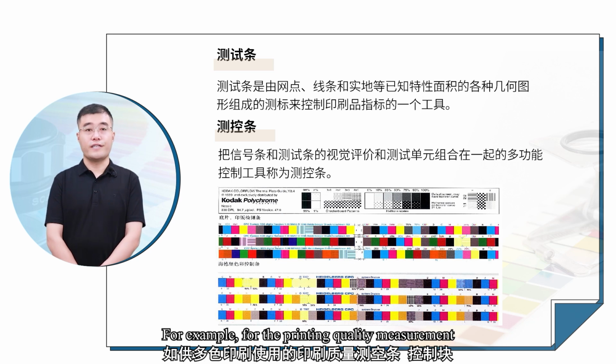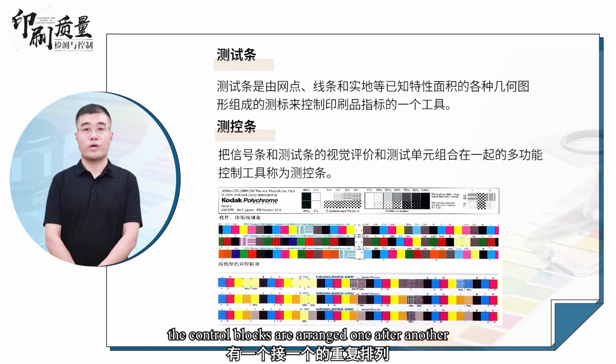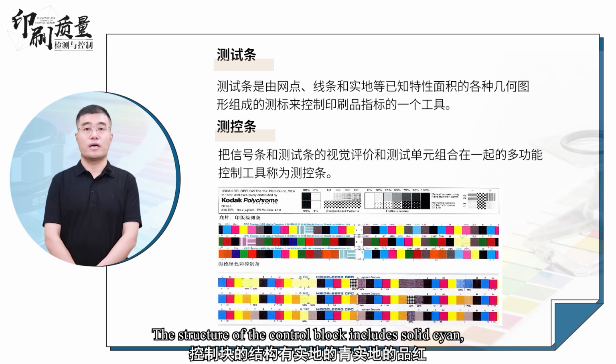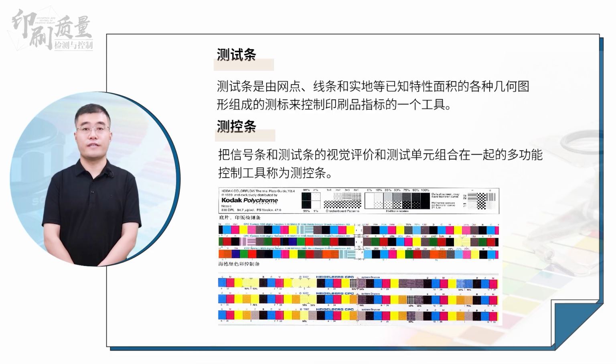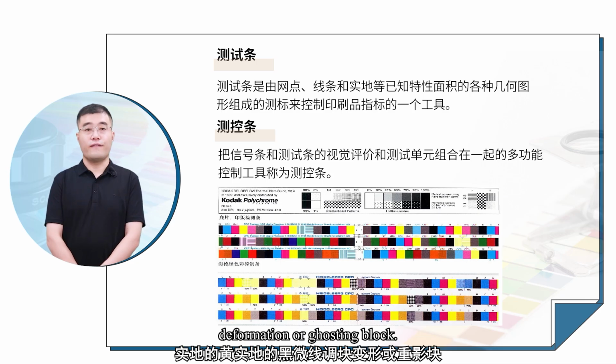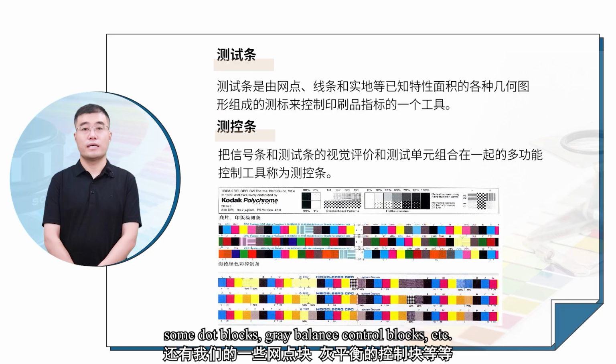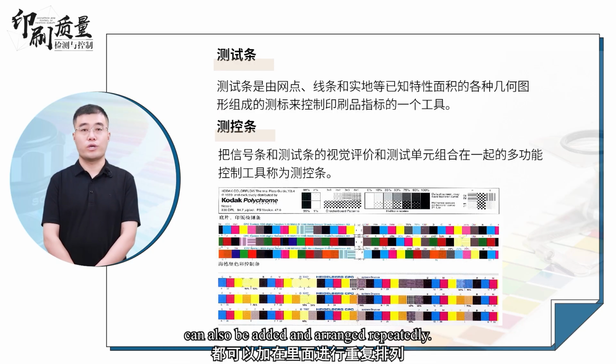For example, for the printing quality measurement and control strip used in multi-color printing, the control blocks are arranged one after another in a repeated manner. The structure of the control block includes solid cyan, solid magenta, solid yellow, solid black, micro line adjustment block, deformation or ghosting block. Of course, some dot blocks, gray balance control blocks, etc., can also be added and arranged repeatedly.